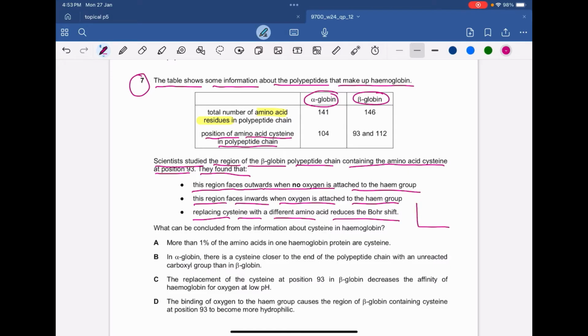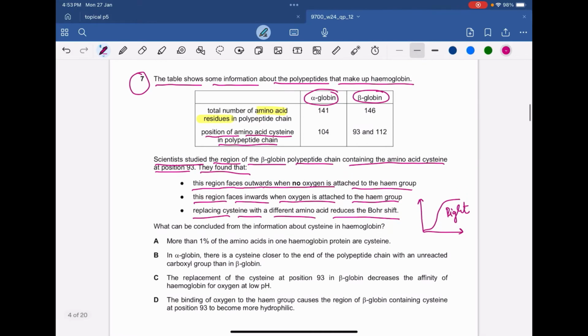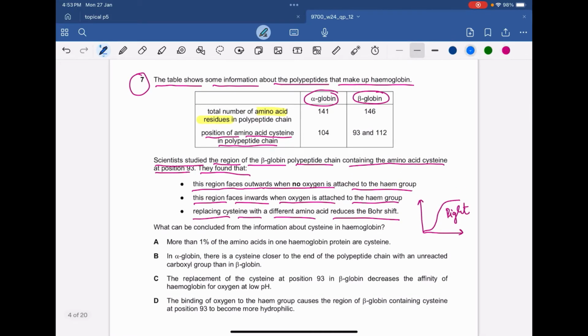Bohr shift is seen in the oxygen dissociation curve, which is an S-shaped curve like this, somewhat like this, where the oxygen dissociation curve shifts towards the right side. So let's see what they are asking us in the question. They are asking what can be concluded from the information about cysteine in the hemoglobin.